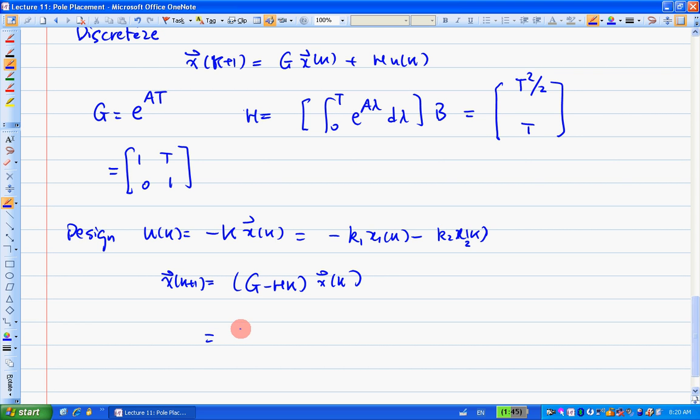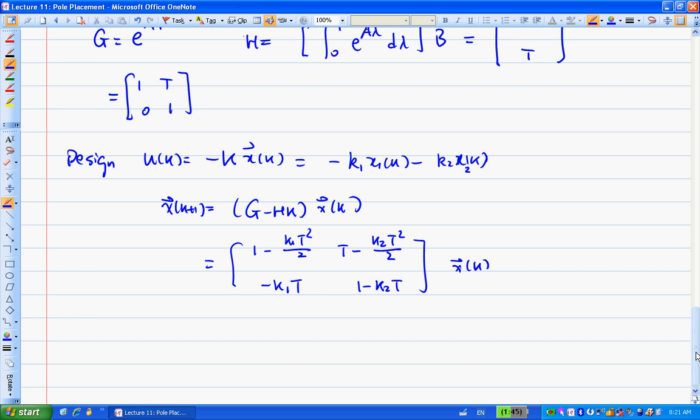So we give it back to this original system. I have the G, I have the B, I have the H, I have the K here. So this matrix, if you write it out, is the matrix of G minus HK.